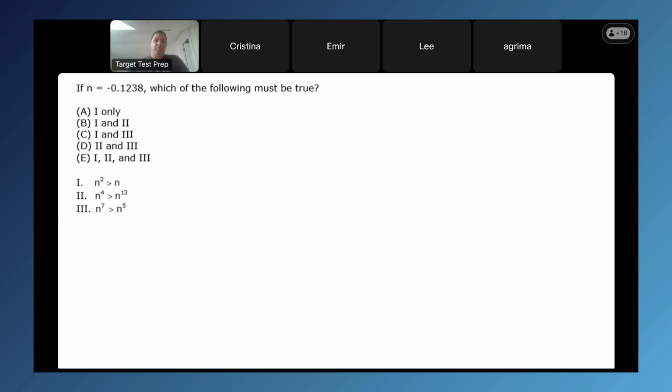So did you guys notice that this was really just testing rules of negative proper fractions, and you didn't actually have to use this number here?